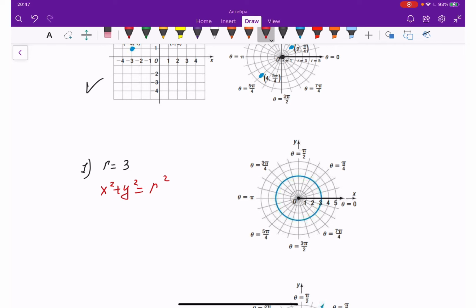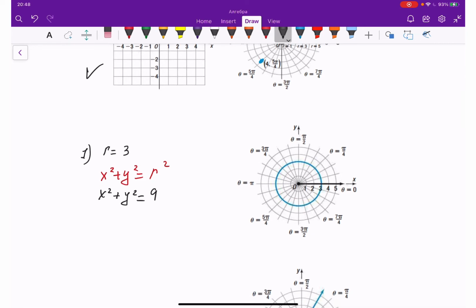Okay, so therefore I can write down x squared plus y squared equals r squared. Here in this case it's going to be equal to 9. So the graph of r equals 3: here you have the first concentric circle, the second one, and the third one, whose length gives you the radius 3.